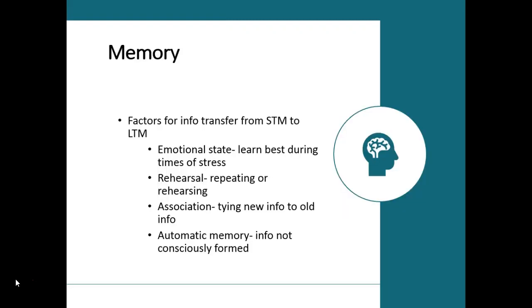There are several factors that can affect the way that short-term memory is transferred to long-term memory. Remember, short-term memory, you remember short little chunks of information for short periods of time. And long-term memory is basically like going back into the archives of your computer and pulling up those files that you thought you might have forgotten. But there are several things that can affect the way this transfer from short-term to long-term takes place in the brain.